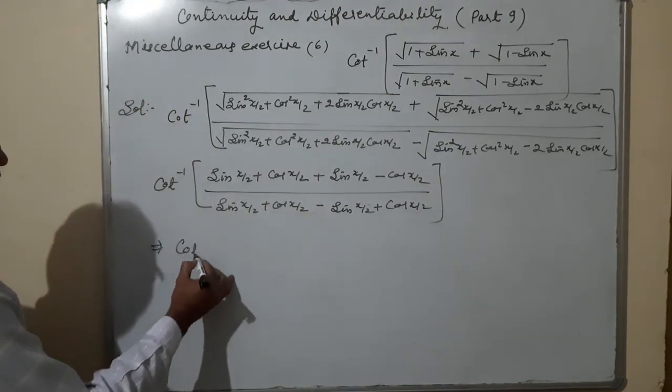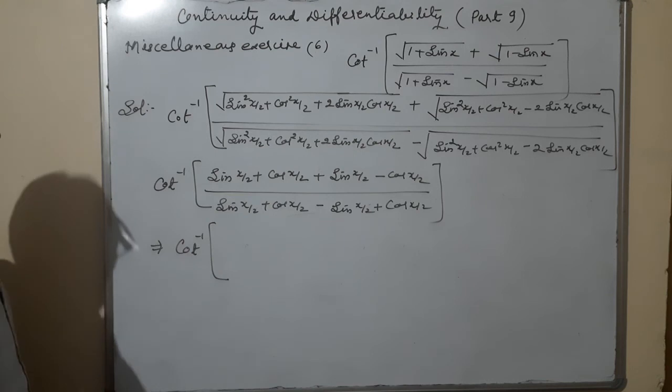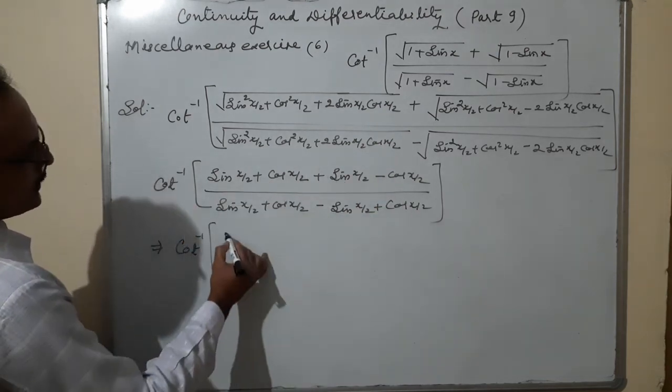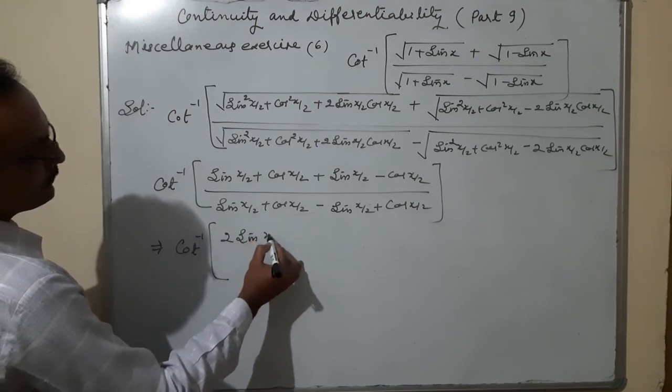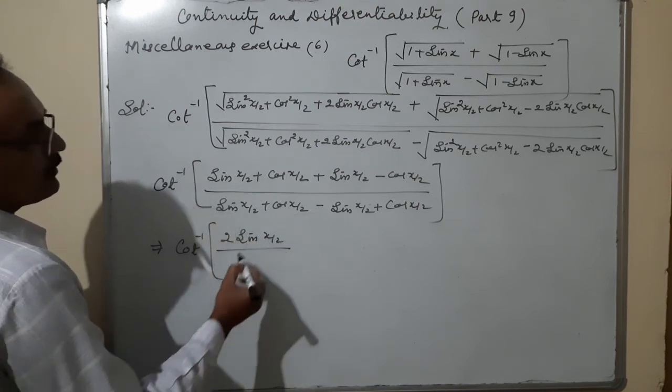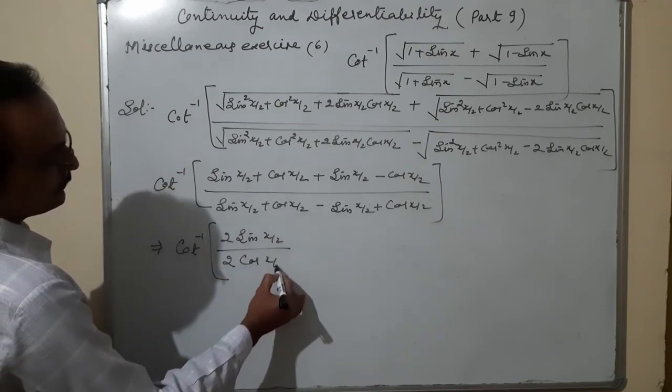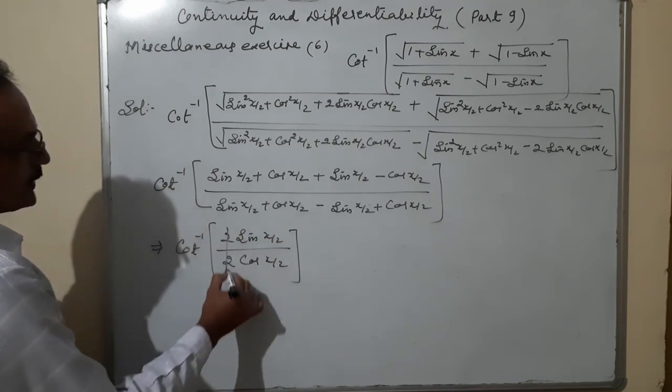Cot inverse, cos x by 2 cancels, sin x by 2 plus sin x by 2 is 2 sin x by 2, upon 2 cos x by 2. 2 cancels.